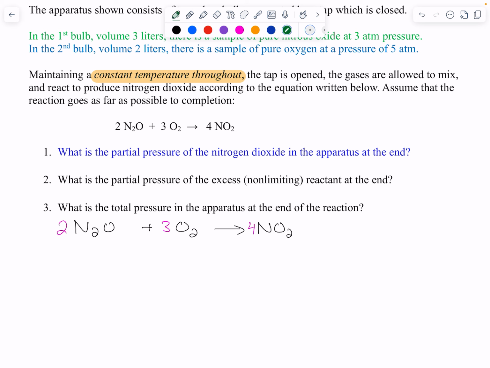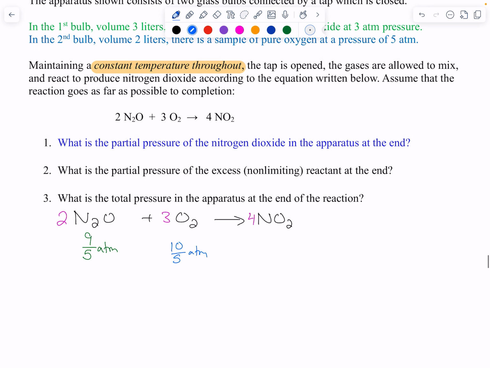All right, and we have 9/5 atmospheres, and we have 10/5 atmospheres.